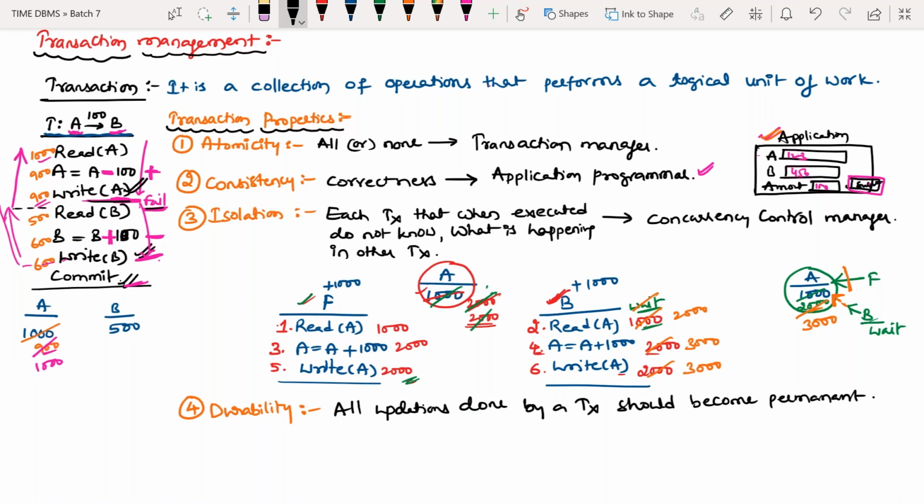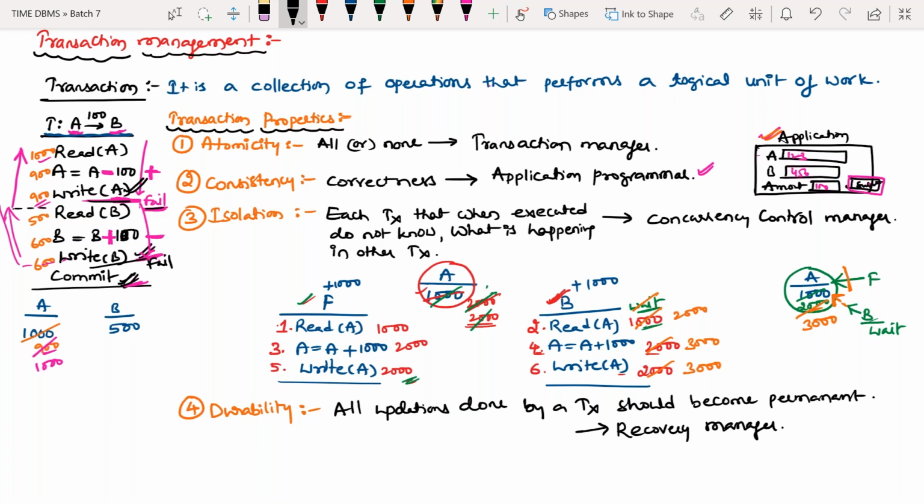If the updates do not become permanent, if a failure occurs before commit, it is an incorrect state. In a database system, we have a component called the recovery manager, which is responsible for recovering the data that existed before the failure of a transaction. So the durability property is going to recover the data in the database system, right? I told you what the atomicity property is: execute all the operations or none of the operations.